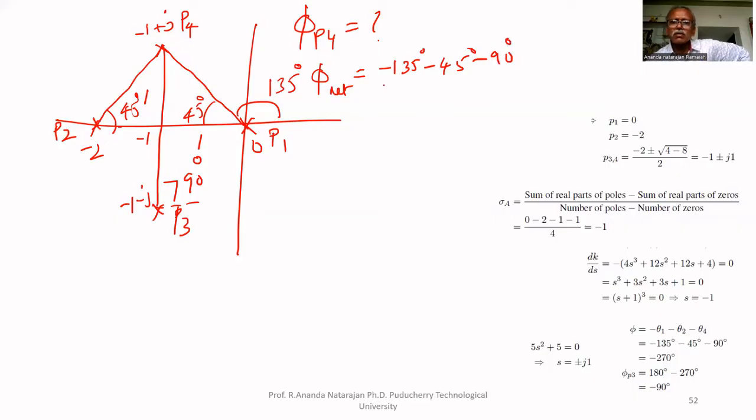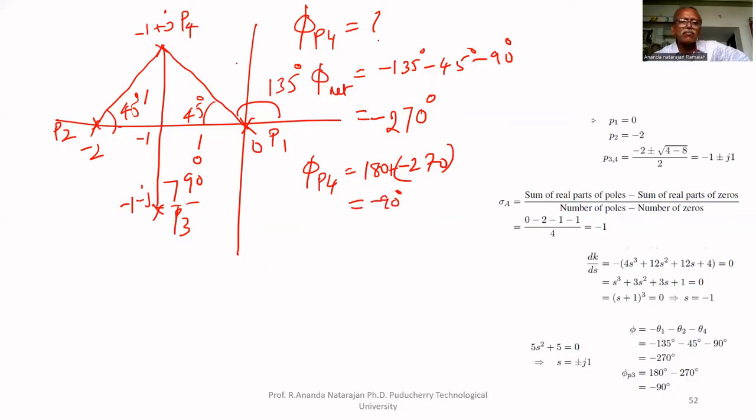If you add all, the net angle is −270 degrees. Therefore φP4 = 180 − 270 = −90 degrees. So the angle of departure from P4 is −90 degrees.